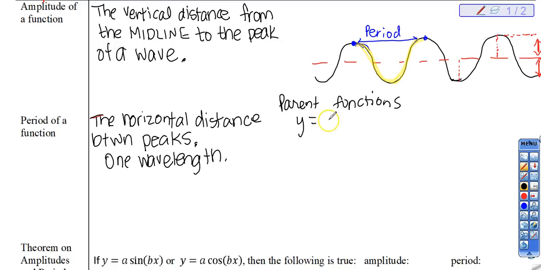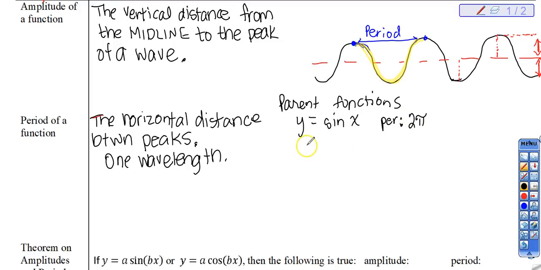So if we have y equals the sine of x, could you tell me what its period is? A full revolution, right? For a sine function to make a complete wave, you have to go 2 pi.